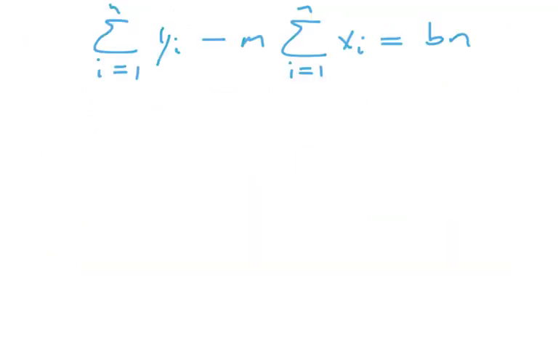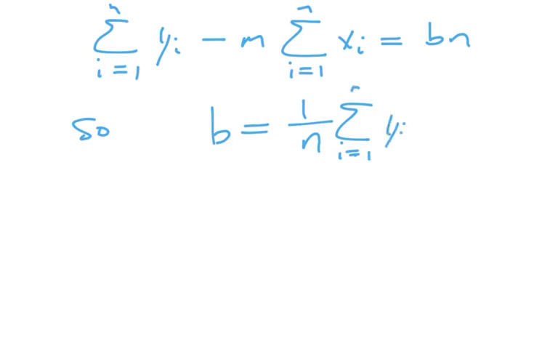All right? So I end up with this. In other words, I know what b is supposed to be in terms of m. B is supposed to be 1 over n, the sum of my y's, minus m times 1 over n, the sum of my x's.